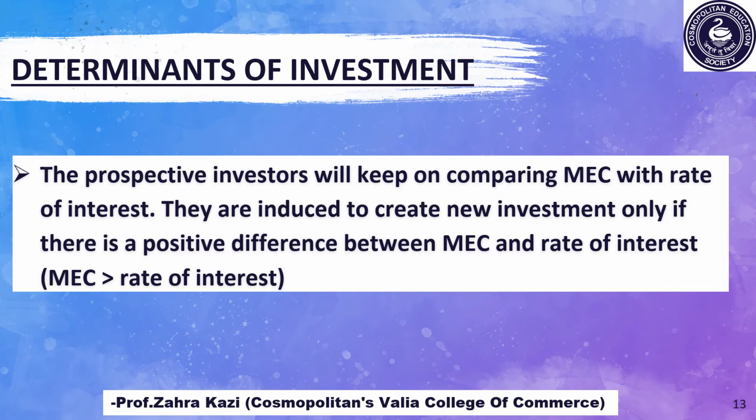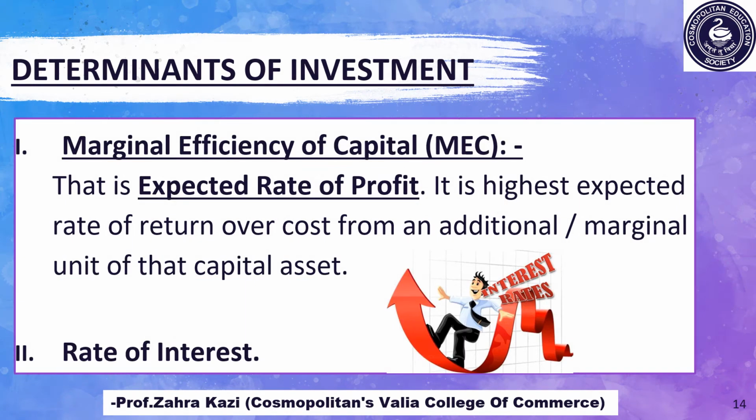So MEC has to be more than rate of interest. Determinants of investment. As we know, there are two determinants of investment. First is MEC, that is marginal efficiency of capital, and second is rate of interest. Let's understand more about MEC.